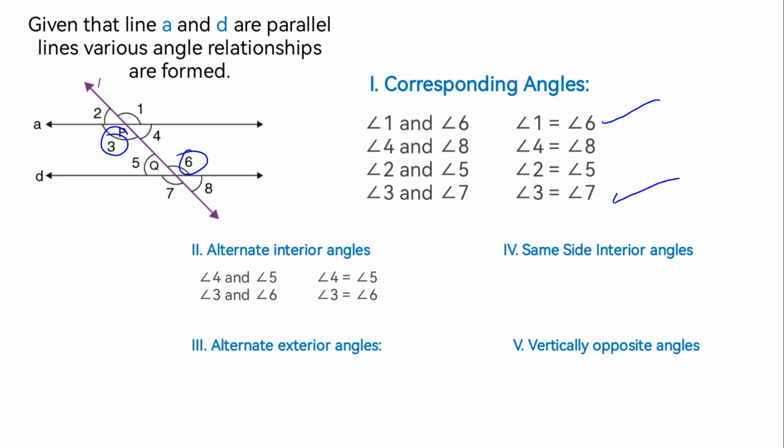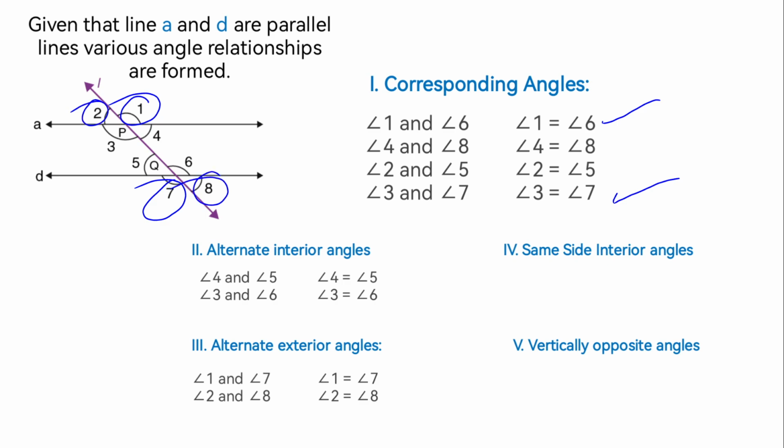Another angle relationship being formed is the alternate exterior angles. In the figure, we can see that angle 1 and angle 7 are alternate exterior angles, and then angle 2 and angle 8 are also considered alternate exterior angles. Since they are alternate exterior angles, each pair is considered equal.